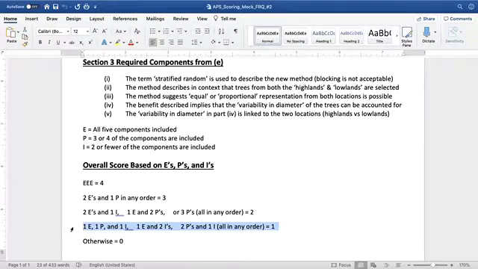An E and 2 I's, that would also be a score of 1. 2 P's and 1 I, that would also be a score of 1. Again, those can be in any order. Otherwise, it's a 0.